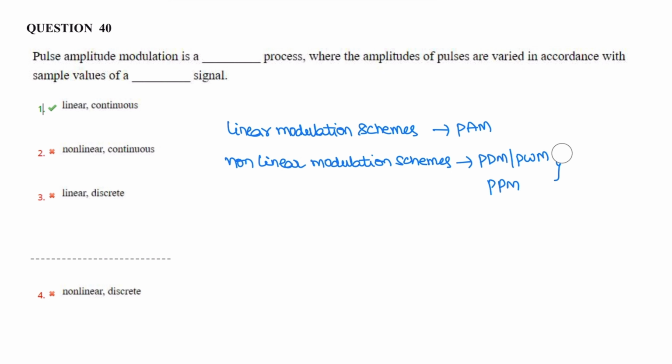Just like amplitude modulation, AM, is a linear modulation, whereas FM and PM, that is angle modulation, it is either FM or PM, is non-linear. PAM is linear, where the amplitude of pulses is varied in accordance with the amplitude of the message signal.